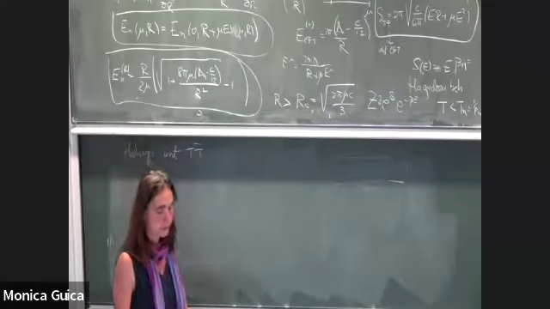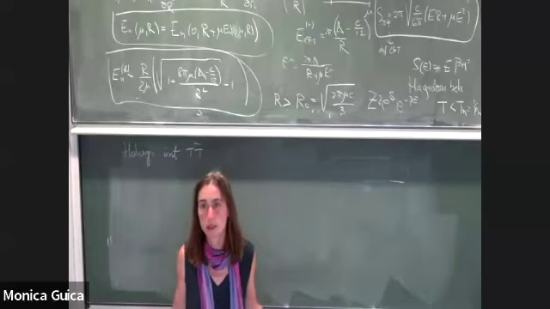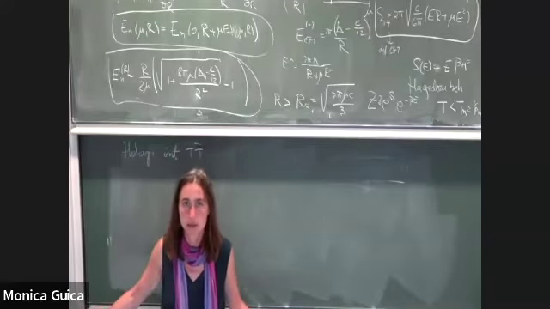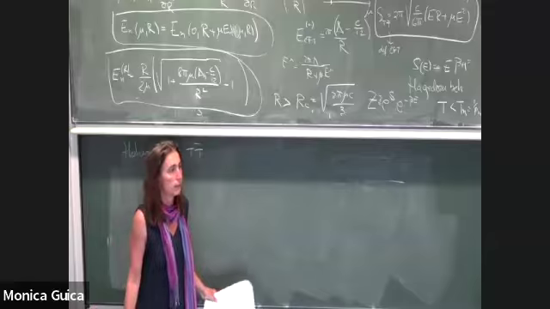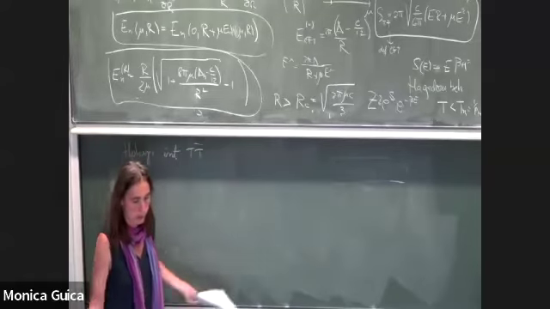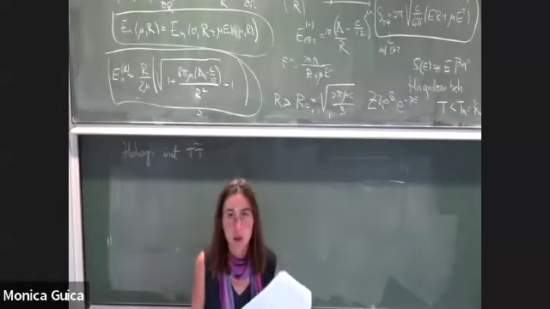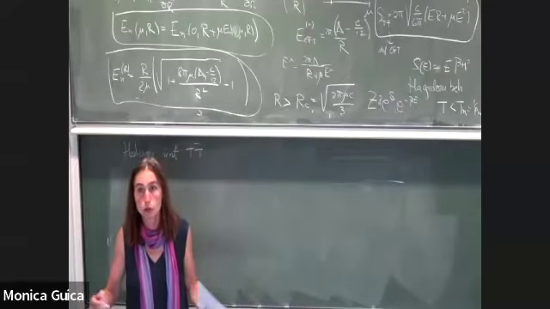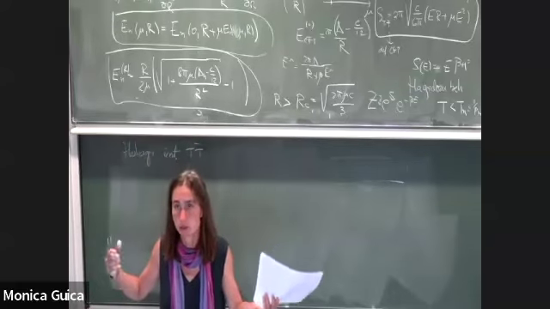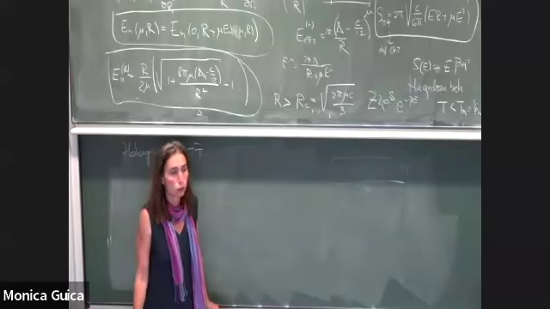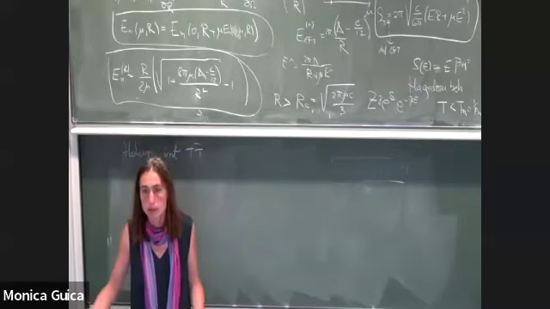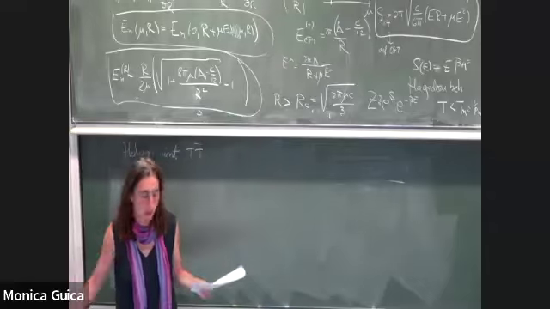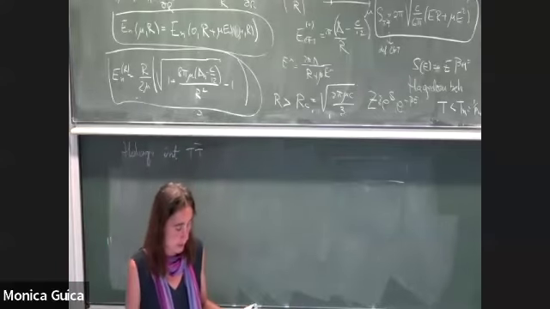Because the stress tensor, in a holographic CFT, is a single trace operator in the CFT. So TTbar is two stress tensors, so it's double trace. Consequently, we expect that this holographic interpretation is going to be in terms of some mixed boundary conditions for the dual bulk field, which in this case is the metric. So we just expect to be changing the boundary conditions on the AdS metric.